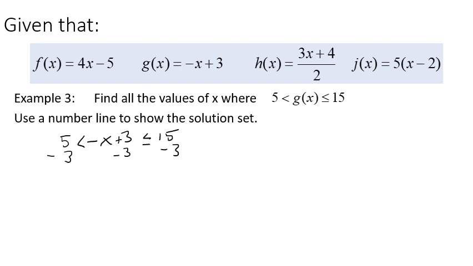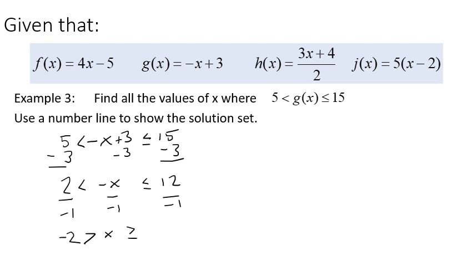So I'm getting x by itself by subtracting 3 everywhere. And I get 12. I still have a negative sign, so I'm going to divide that out. Remember, when I divide by a negative, I switch the sign. Switch my inequality symbol.